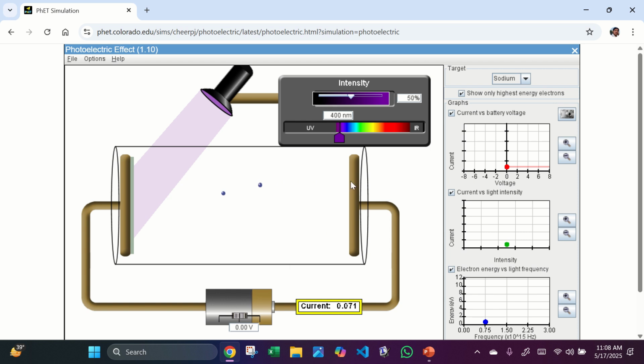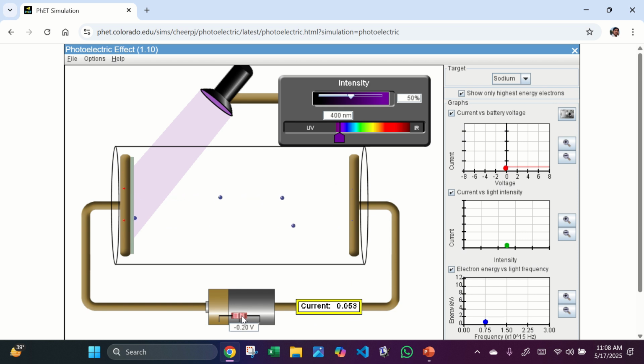Let's make this collector negative. Negative means the electrons are repelled. Let's repel the electrons by applying some negative potential here. What happens when it is made 0.2 negative? Then the current is 0.05. Let's make it more negative.